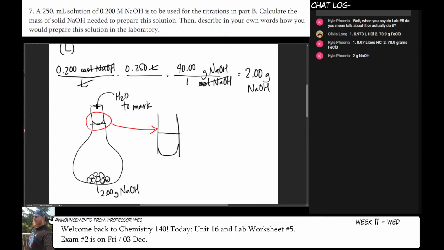Its ability to attach to the glass is stronger than the force of gravity or the force of cohesion between the molecules themselves. And so what you end up with is this curve called a meniscus.